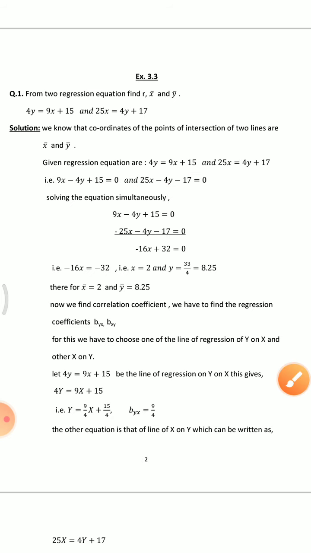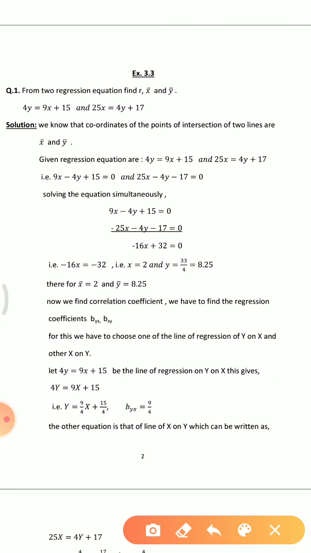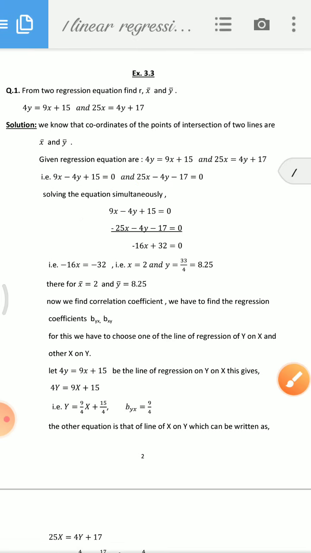Then solving these equations simultaneously, subtract this equation from this one: 9x - 4y + 15 = 0 minus 25x - 4y - 17 = 0.